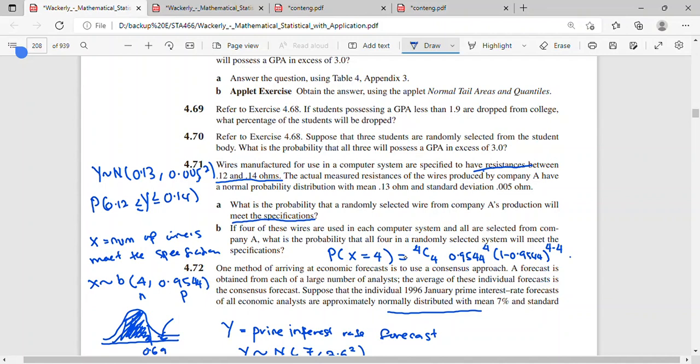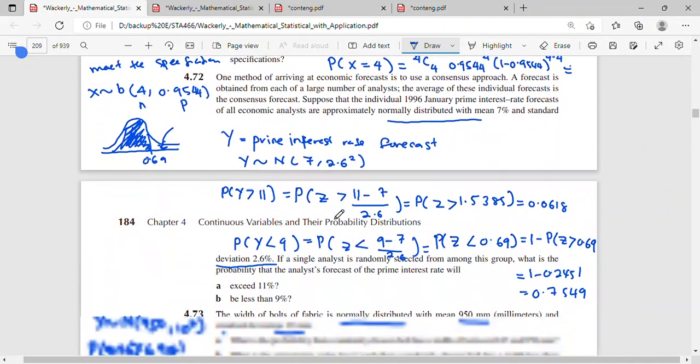Okay, so you will get the nilai probability of that. So you will get the probability. Okay, so that is the way how to figure this problem. Right?